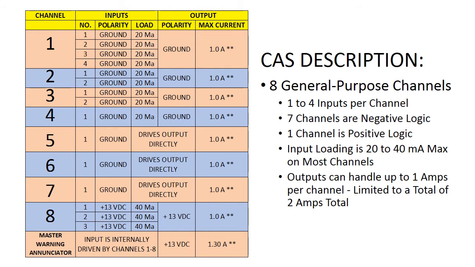In addition, if you decide to go only with your stock instruments, the Westach fuel quantity indicator has a low fuel warning output on the back of it, which can drive an input on the circuit board. So those are typical inputs that can go to this CAS board.